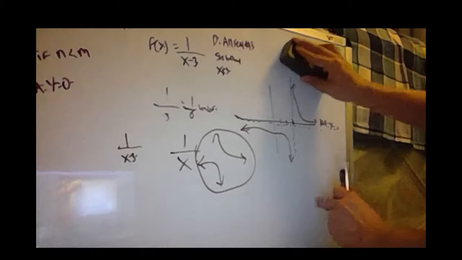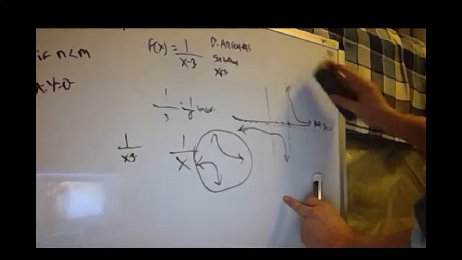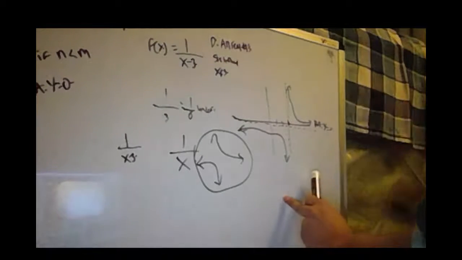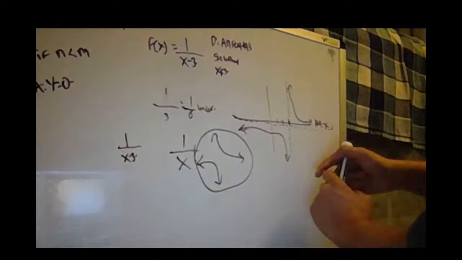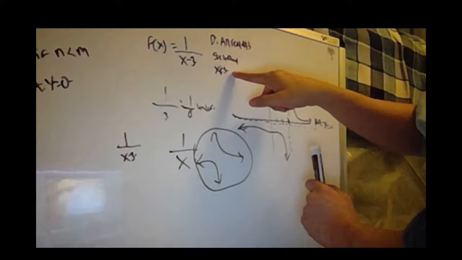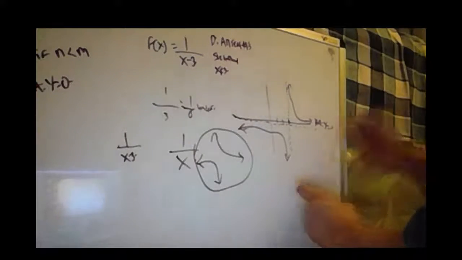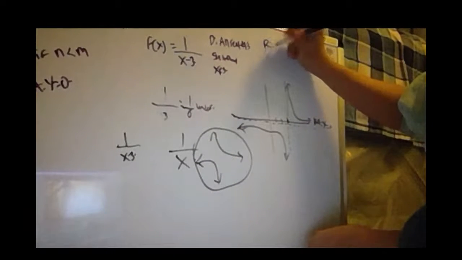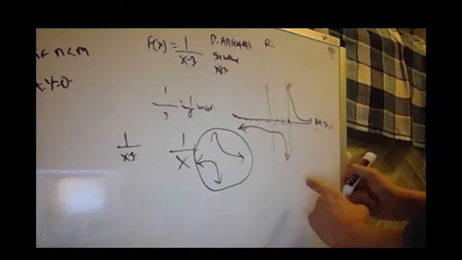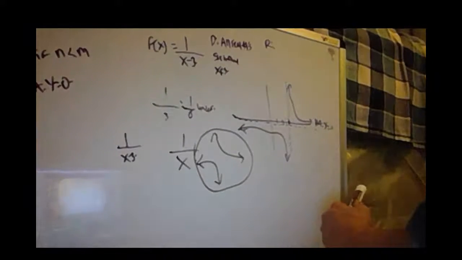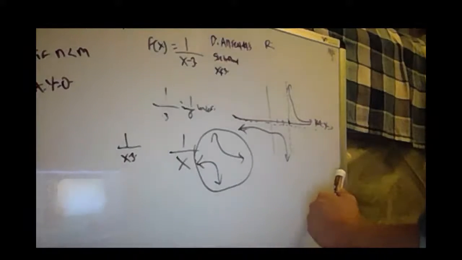Now, as for the domain, basically the domain is all real numbers such that x does not equal 3. Now the range for f of x equals 1 over x minus 3.